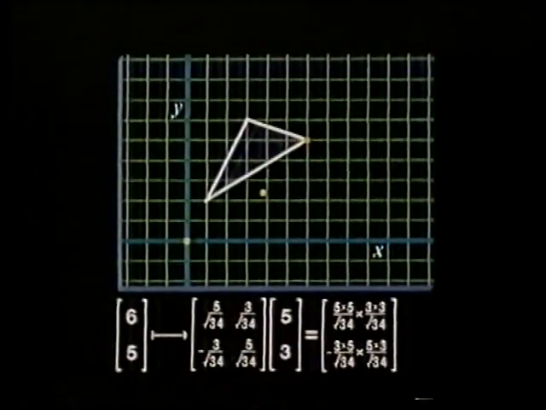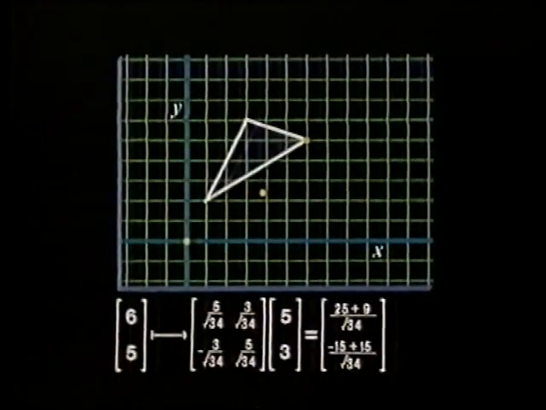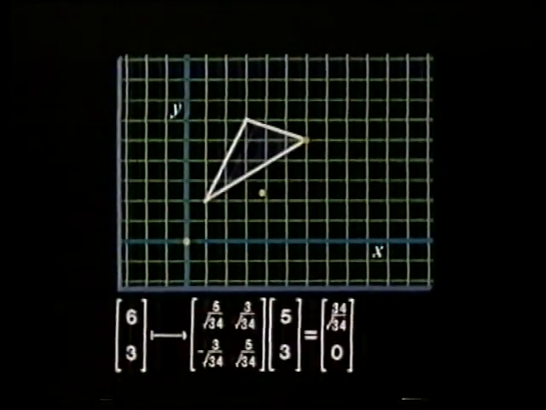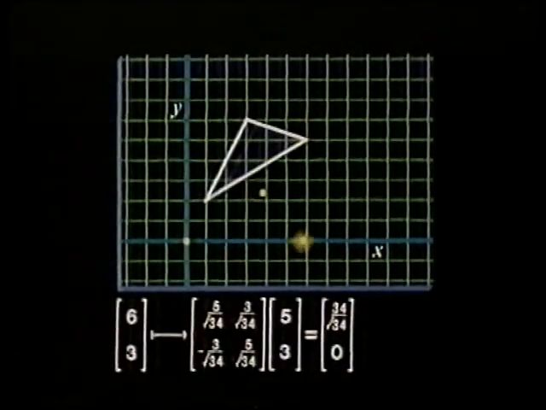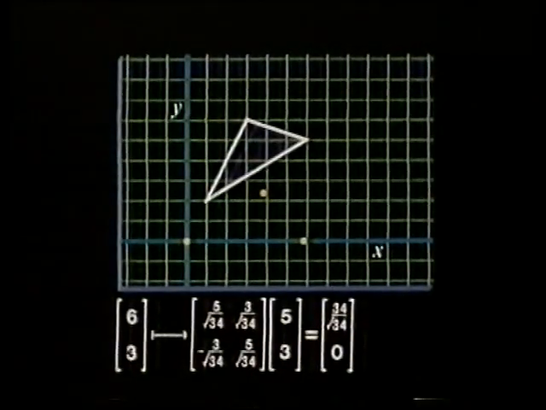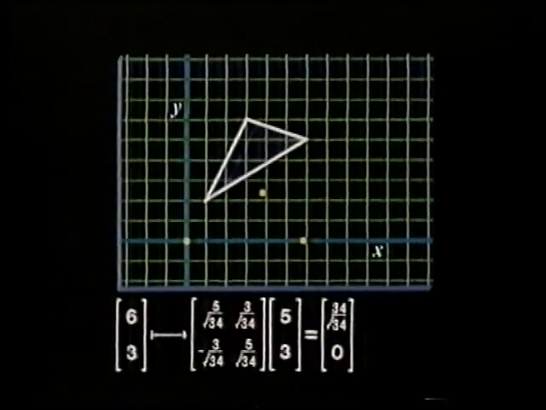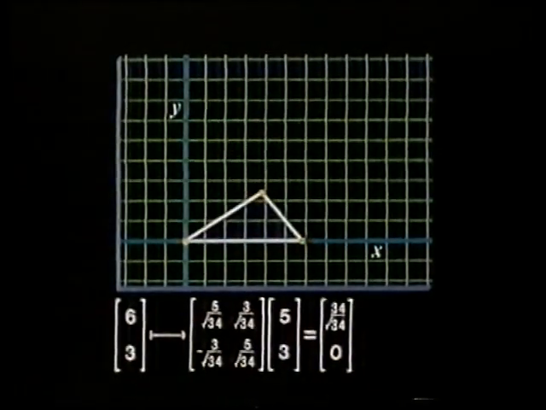Addition gives this, multiplying gives this, which simplifies, and finally comes to the column matrix 34 over root 34, 0, which corresponds to this point, which lies on the x-axis as we require. So under our composite transformation, we finish up with this triangle.